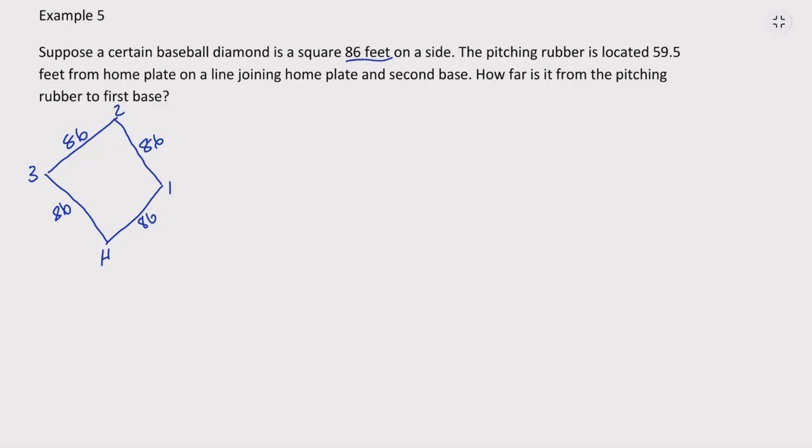The pitching rubber is located 59.5 feet from the home plate. So if we were to bisect this, the center right here would be 59.5.